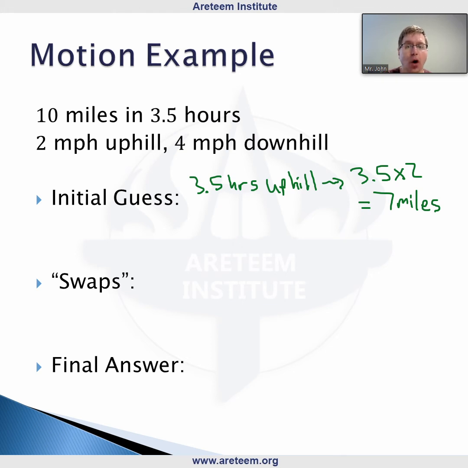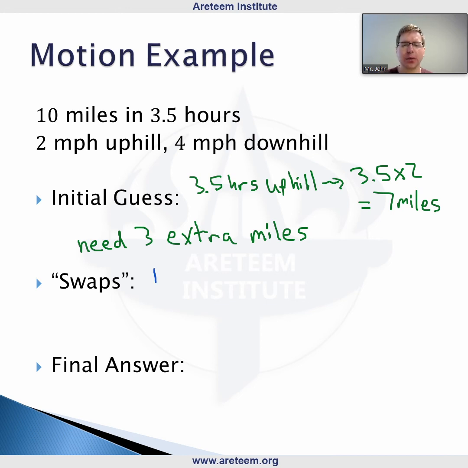Now this is wrong. This means 3 extra miles are needed. He didn't walk enough. His hike wasn't long enough based on the speeds and distances. Now, in terms of the swap, this is a little bit different.